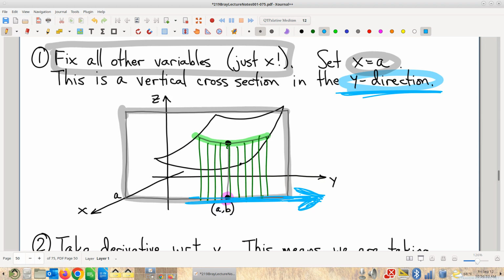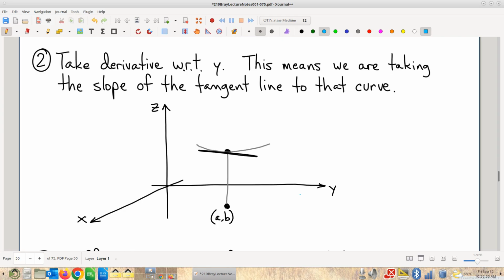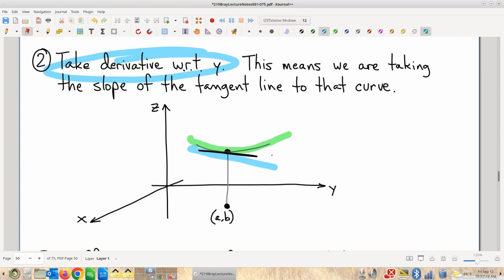And so with that in mind, when I come down here and say, well, how do I take a derivative with respect to y? We're already armed on that. If you're looking at a graph of a single variable function, which we are, the derivative with respect to y is just the slope of that tangent line.